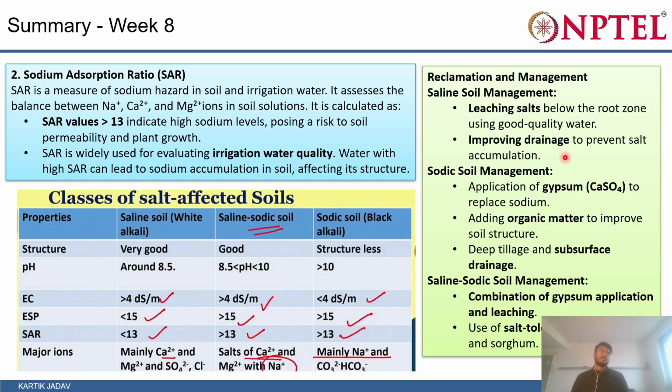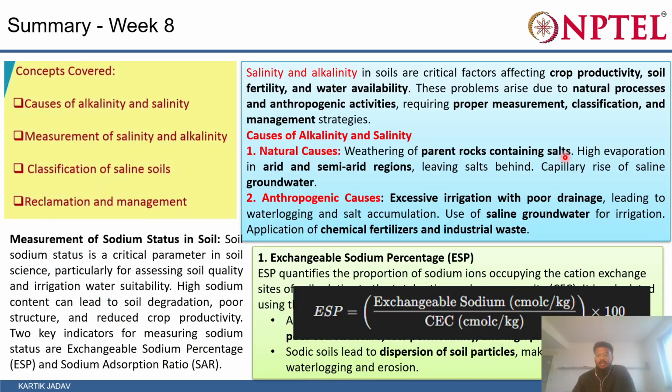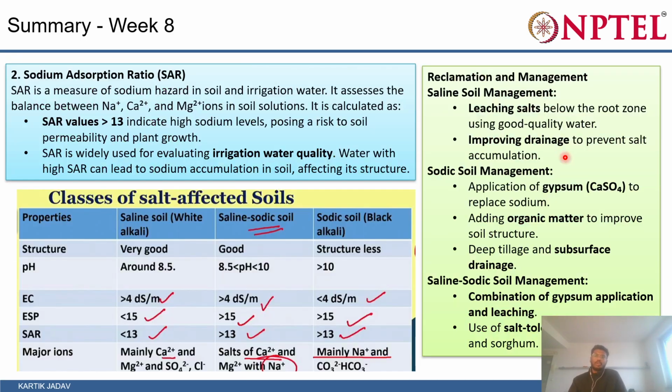So lime, gypsum, what we have seen for acidic soil, is again gypsum for acidity as well as salt affected soil, right? For saline soil, we are generally using only leaching of salts and proper drainage conditions.